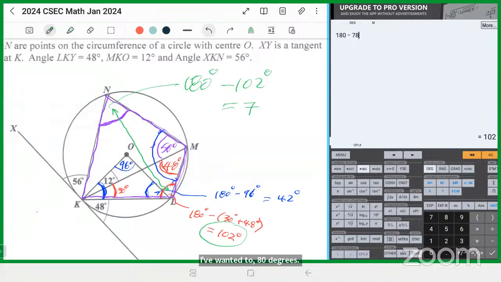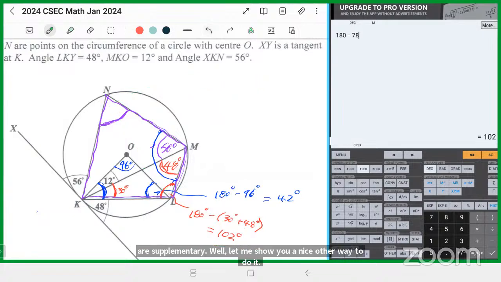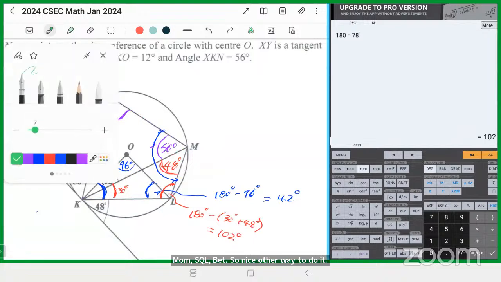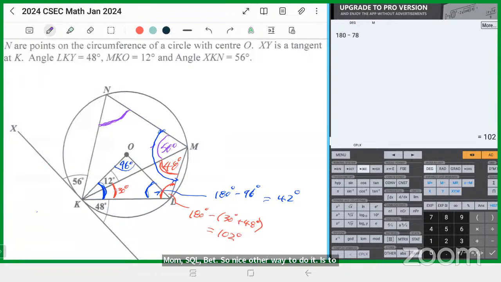But let me show you a nice other way to do it though. More maths equals better maths. A nice other way is to recognize, watch this now, I'm going to draw it out in purple. The angle that we want up here is subtended by this chord.